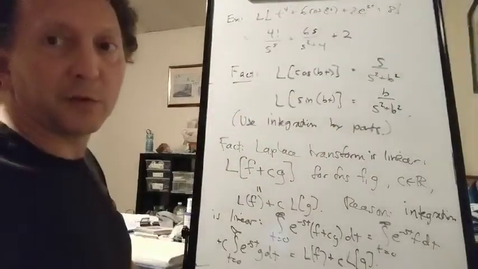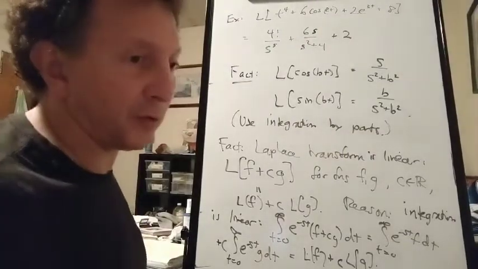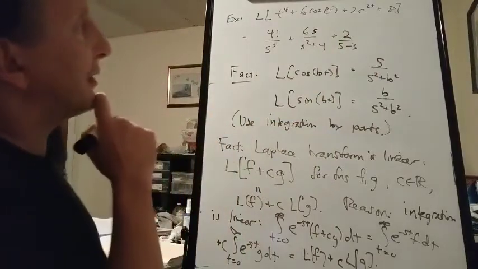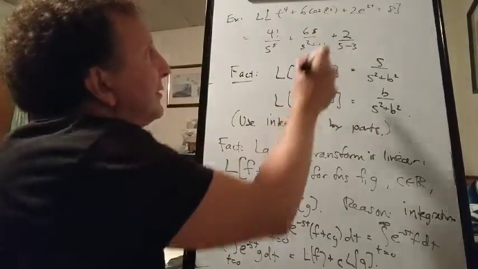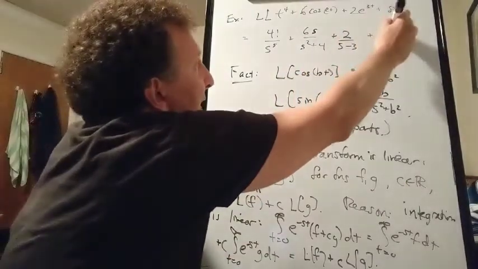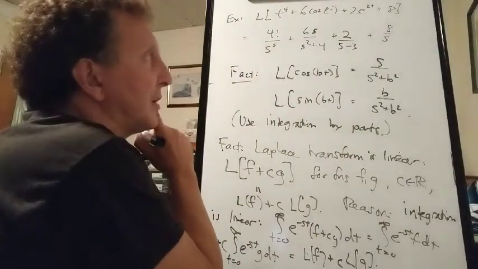Plus 2 times 1 over s minus 3. So 2 over s minus 3, because the Laplace transform of e to the 3t is 1 over s minus 3, plus 8 over s, because the Laplace transform of 1 is 1 over s.